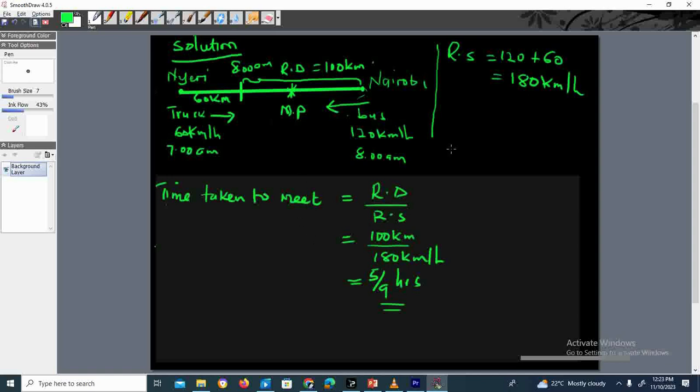So we calculate the distance traveled by the truck after 8 a.m. to the meeting point.